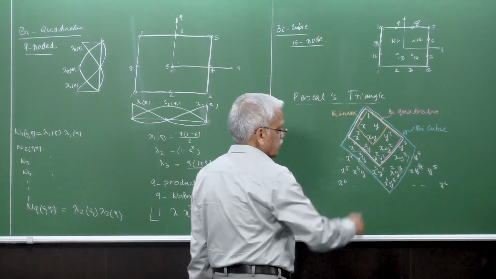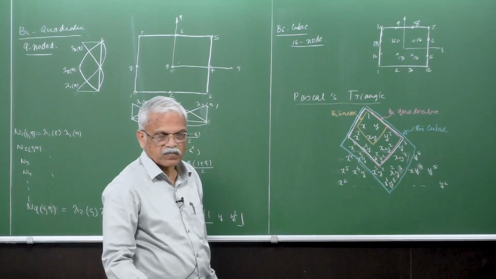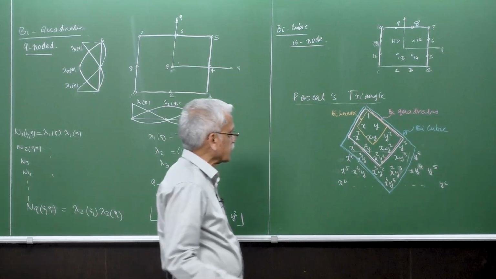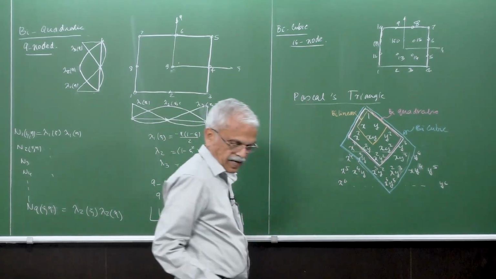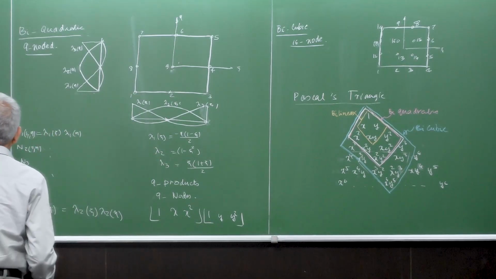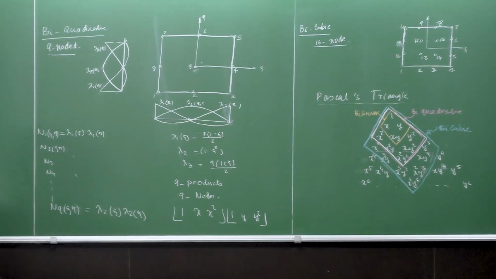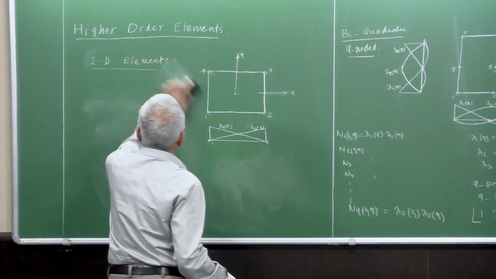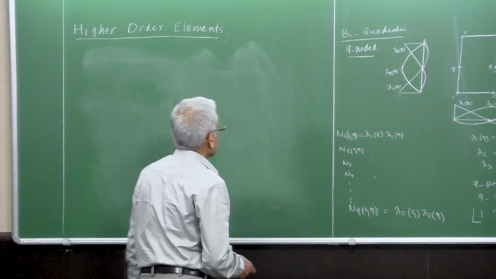So there are three terms which are incomplete polynomial degree of that row, and so they are not really helping us in constructing a higher degree element. So for this, we have another set of modified elements called serendipity elements.